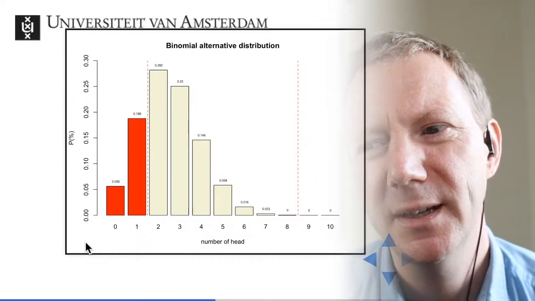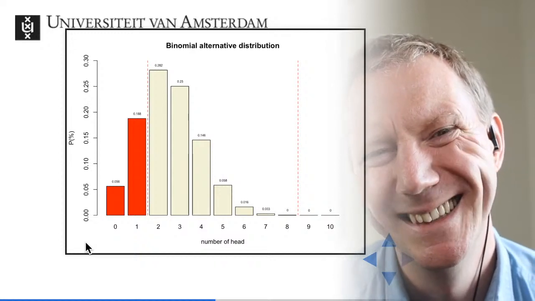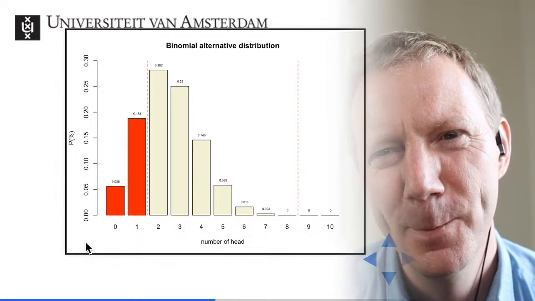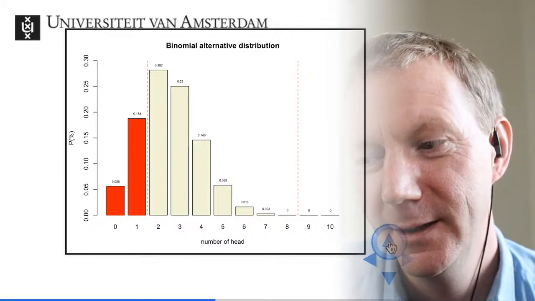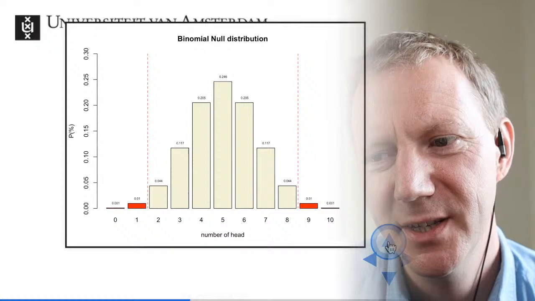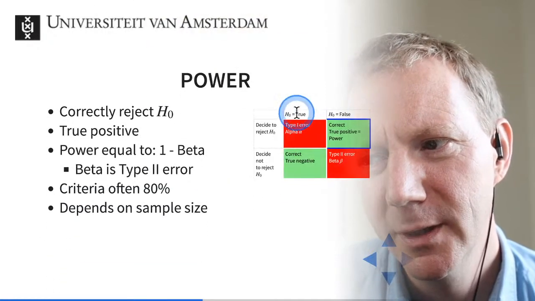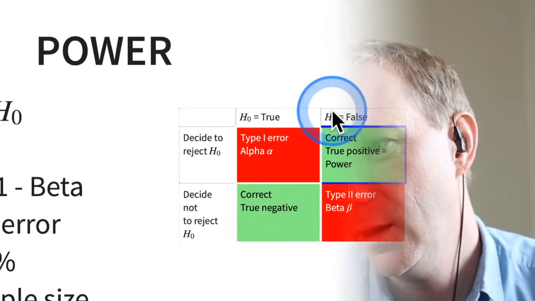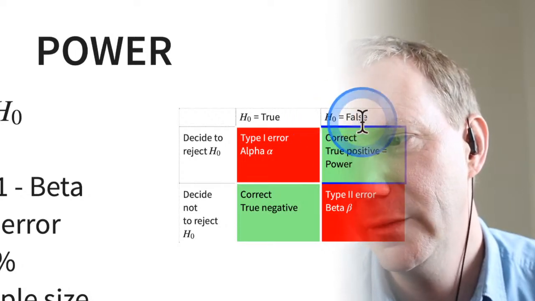Okay, but we haven't looked at the beta yet, right? Yeah, true. But isn't the alpha, you can only find the alpha in the null distribution, right? Yeah, so we're not looking at the alpha anymore. So what's happening here is, here we had our alpha, and now we're looking at the power. So it's in the column where it assumes H null to be false.